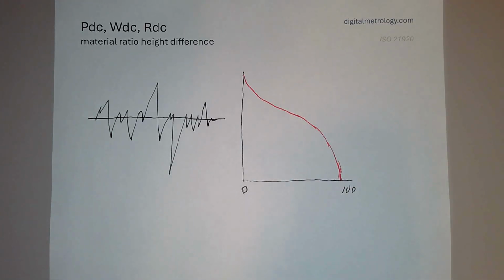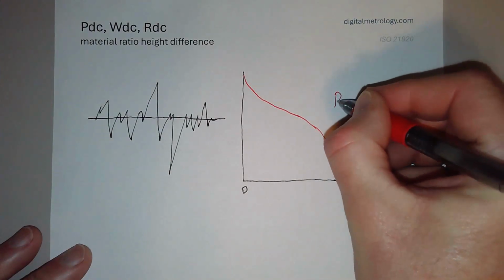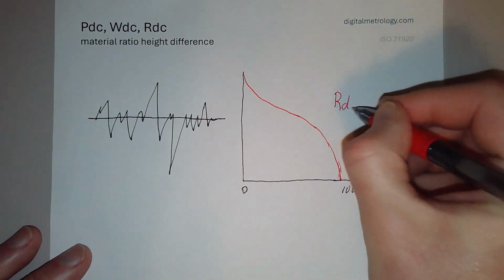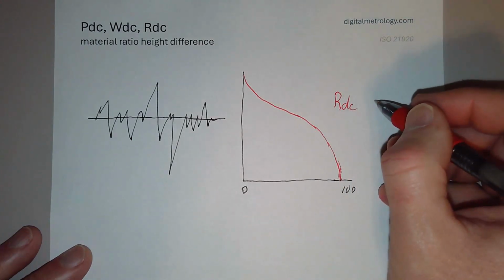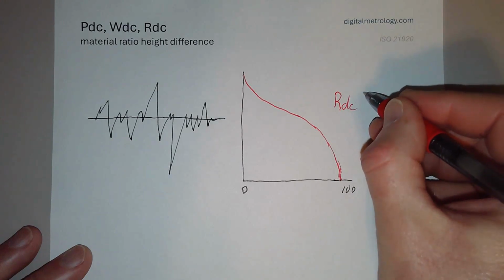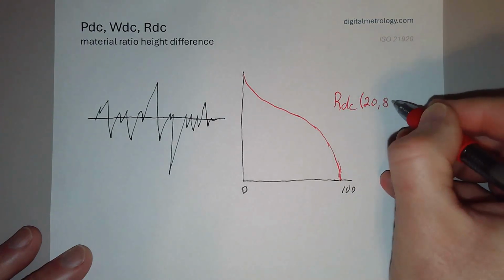So what we can do with this particular parameter is we can say that I'm interested in, say, the roughness DC, depth of cut or distance between cuts, material ratio height difference between 20 and 80%.